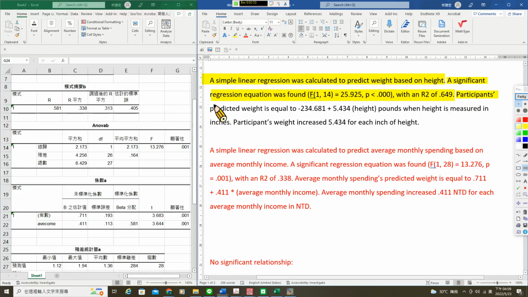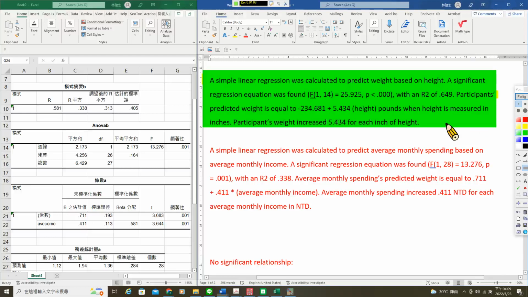Participants' predicted weight is equal to this, so you see this is the formula, when height is measured in inches. So here is a conclusion. Same content, but they just include it in one passage.